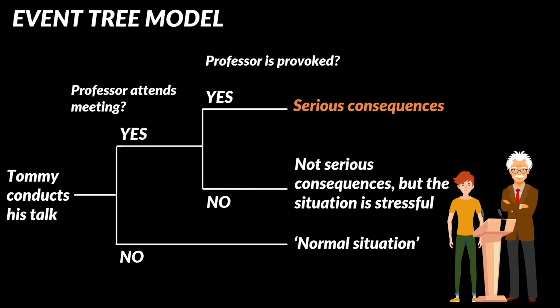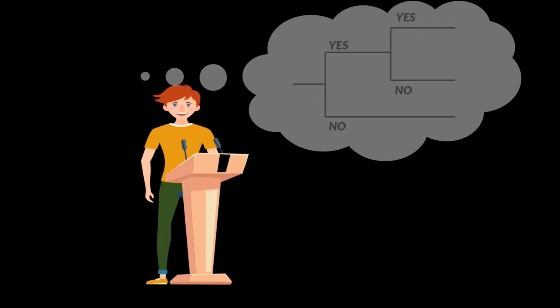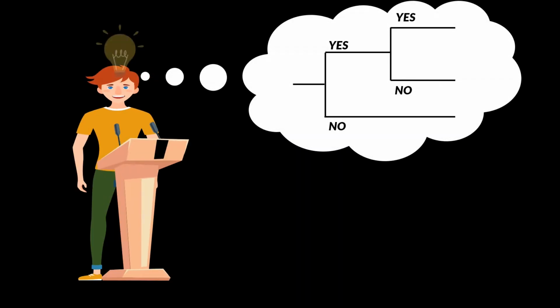The worst case is that the sensitive professor attends the meeting and is provoked. If this professor attends the meeting but is not provoked, the consequences are not so serious for Tommy, but he would still perceive the situation as stressful because there is uncertainty whether this professor is provoked. Tommy uses this model to structure his thoughts in relation to this event.